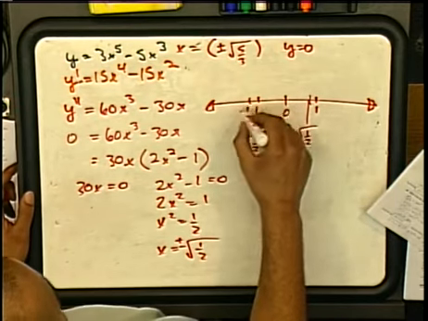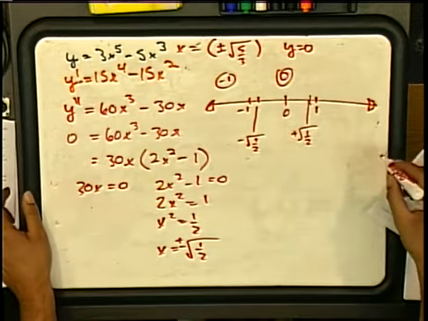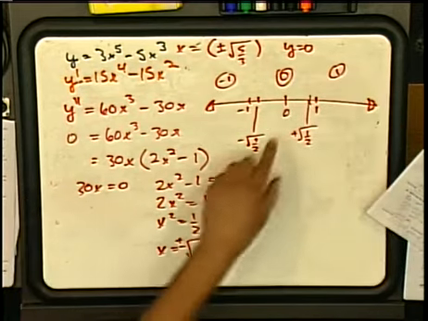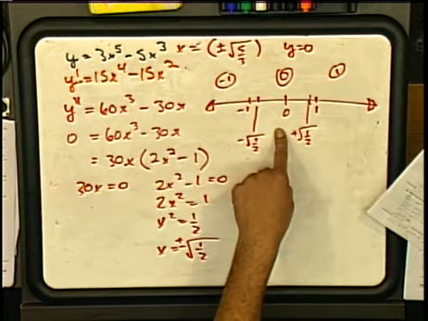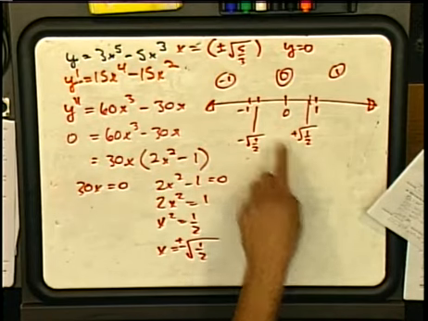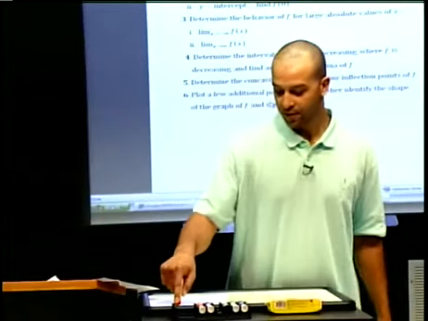You can use -1 to test, and 0 and 1. You plug back into your original. Go back. No, these you plug into the double prime. Okay.